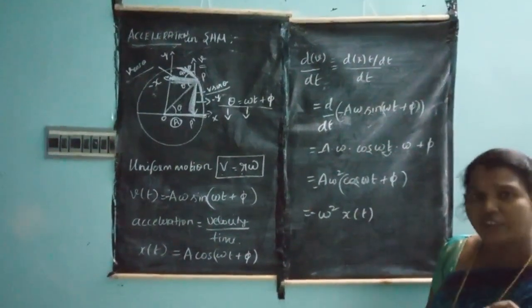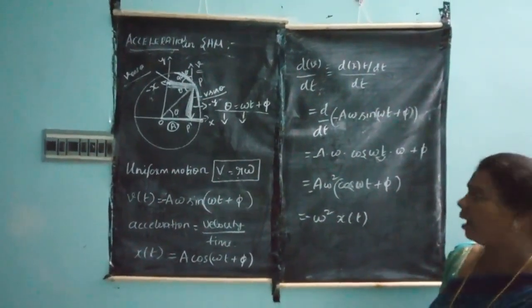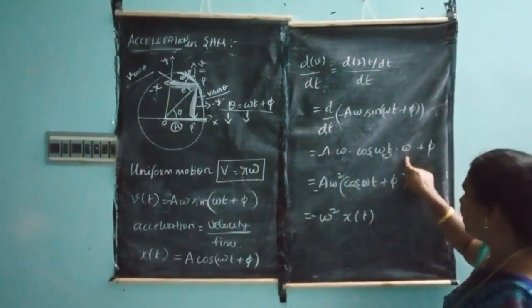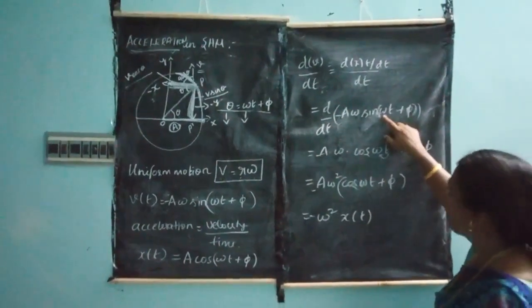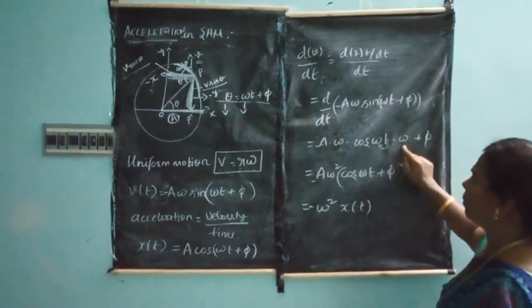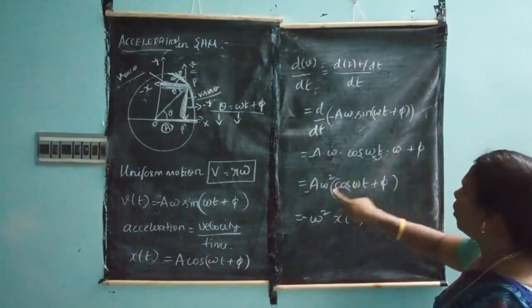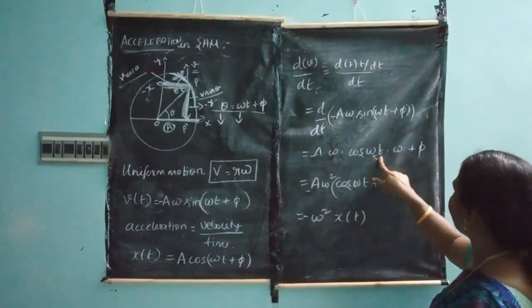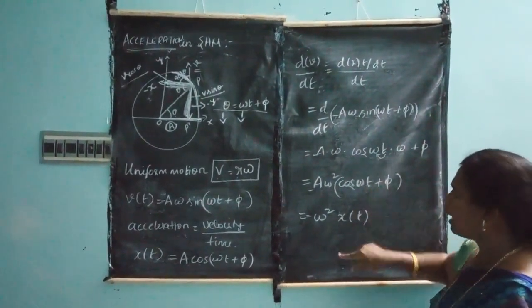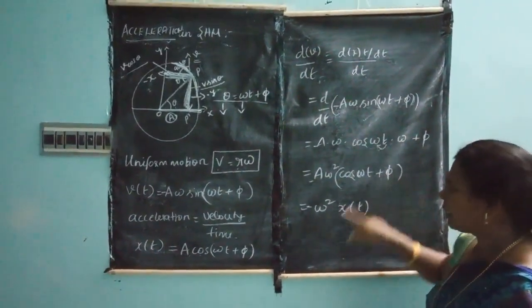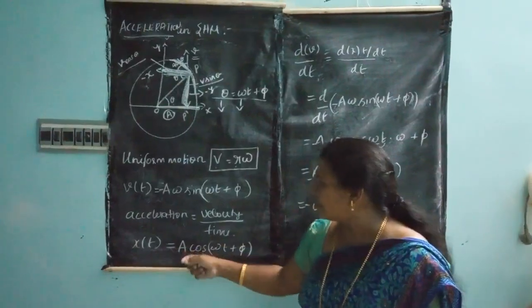When I differentiate sin theta, the answer is cos theta. So minus a omega cos(omega t plus phi). Differentiating with respect to time again, I get another omega term. So the final answer is minus a omega into omega square cos(omega t plus phi), that is minus omega square a cos(omega t plus phi), which can be written as x of t, because this is the displacement.